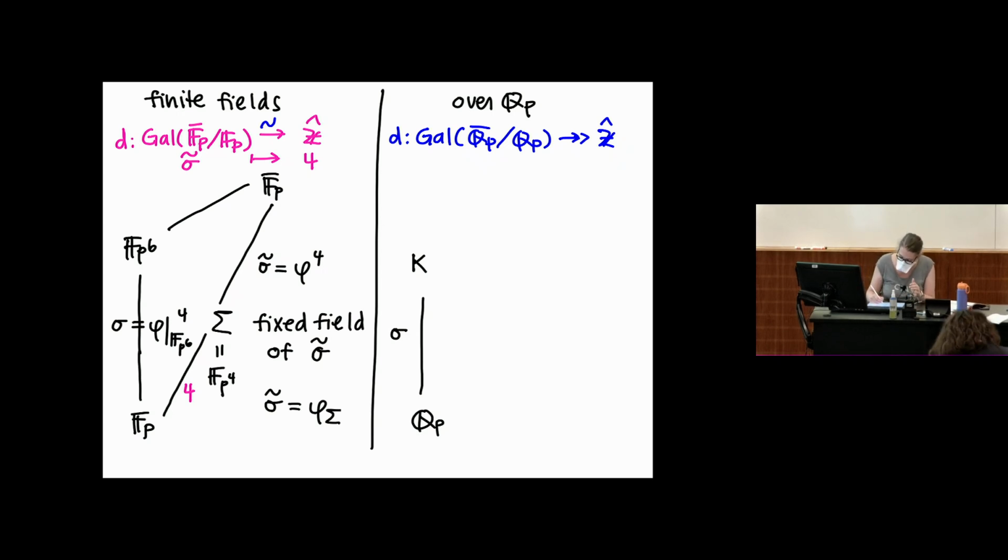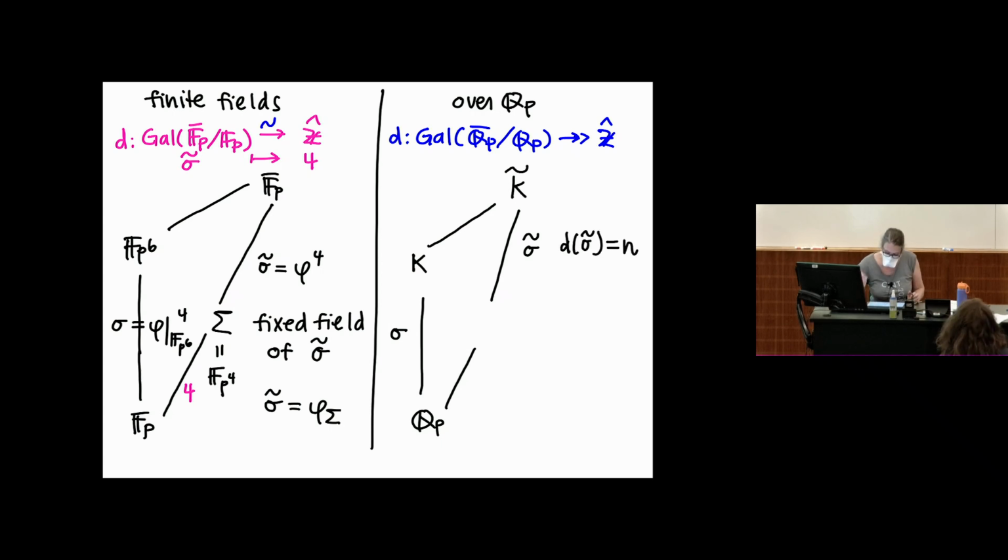But this is a theorem, that you can pass to the maximal unramified extension of K and find some Galois element sigma tilde, and it's not necessarily a power of Frobenius, but its grade is some positive integer.